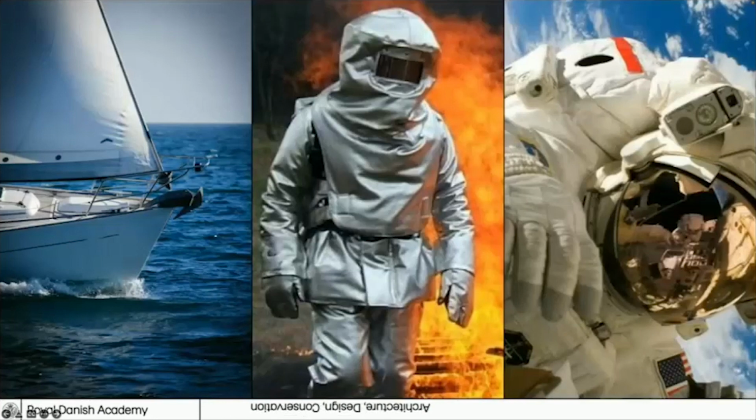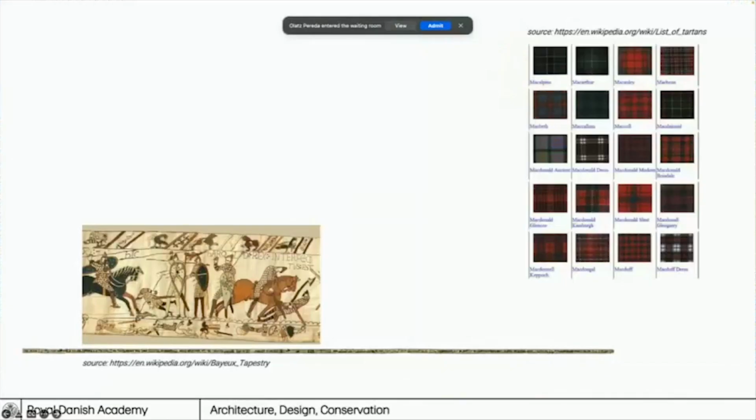But if we move away from the positivist understanding of the material itself and start to think about how textiles actually allow us as humans to occupy environments that can be incredibly hostile or alien to us. Textiles also have this tremendous ability to be used as a way of representing and storytelling, and also constructing identity.